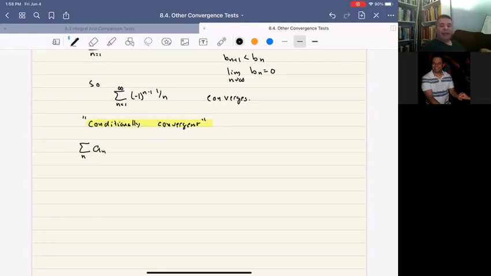The series a sub n is absolutely convergent. That's actually the term that our book uses. It's not the same as conditionally convergent, but absolutely convergent if the sum of the absolute value of a sub n converges.